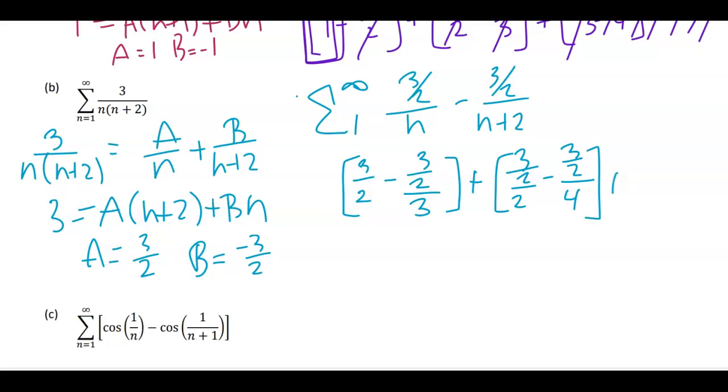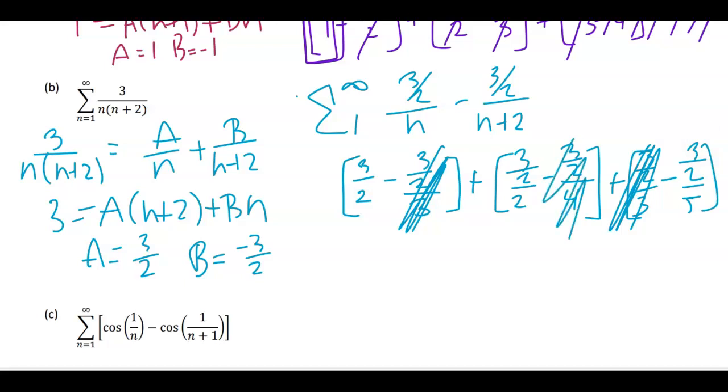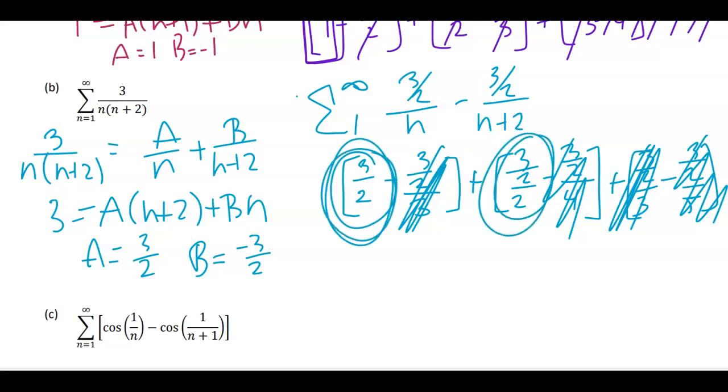Now when I plug in 3, I end up having 3/2 over 3 minus 3/2 over 5. So now you'll start to see like, okay, that's where my cancellation is going to start happening. My next one's going to be the 4, and then I'll have the 5 gone. And so the only terms that will end up being left are these front 2 terms.